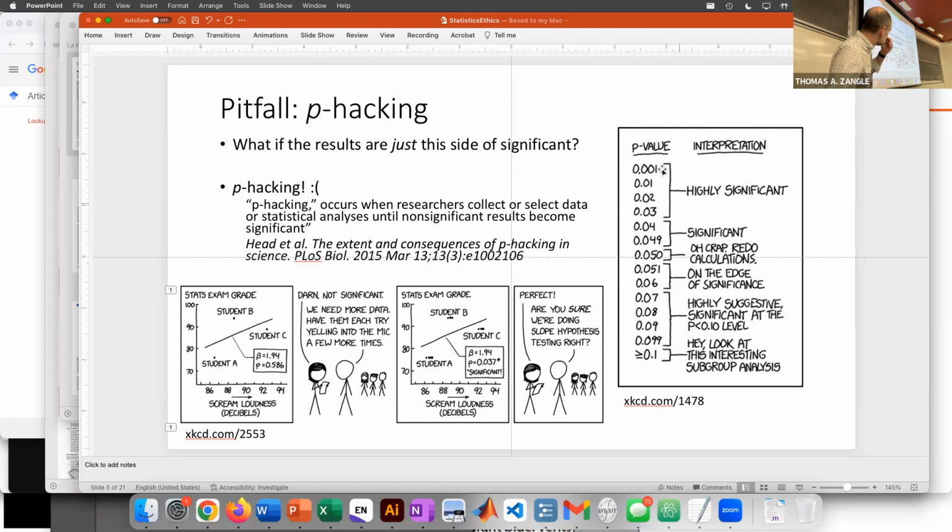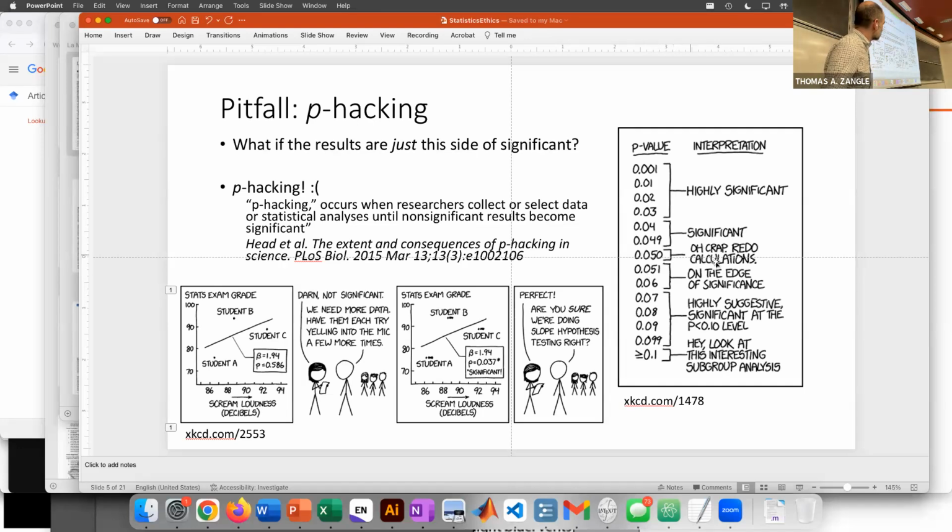So, if we have a p-value 0.03 or less, you'll often see that discussed as highly significant. 0.04, 0.049, we would call that significant. 0.05, oh crap, redo calculations. 0.051 and up, on the edge of significance, and so on. Or a 0.01 or greater, hey, look at this interesting subgroup analysis. That's where we get into things like that jelly bean case from before.